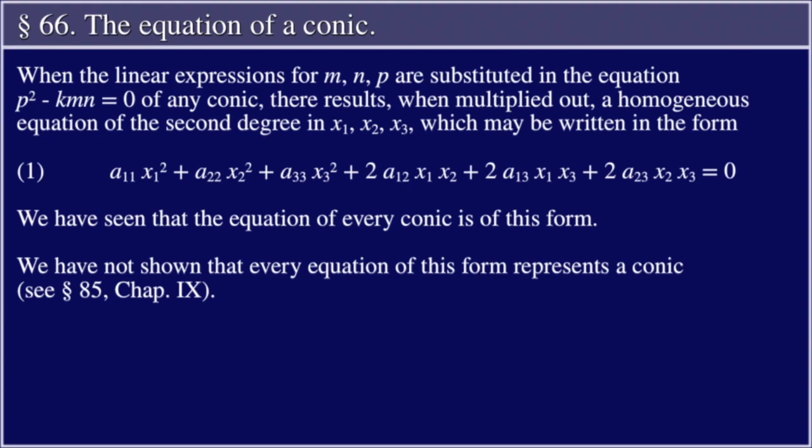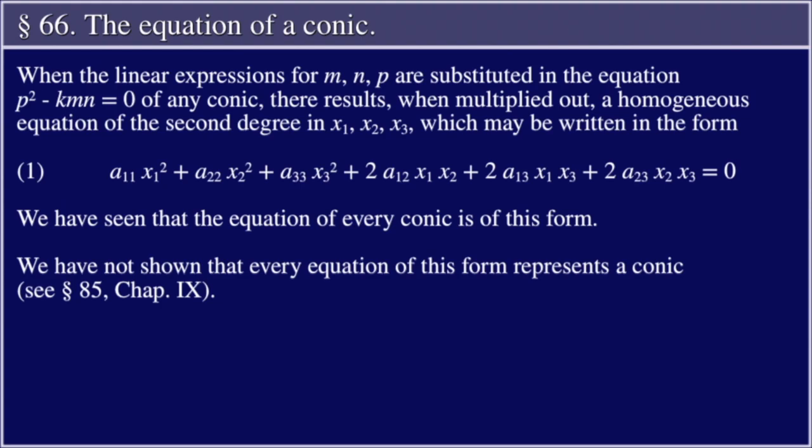When the linear expressions for m and p are substituted in the equation p² − kmn = 0 of any conic, there results, when multiplied out, a homogeneous equation of the second degree in x1, x2, x3, which may be written in the form, equation 1, a11x1² + a22x2² + a33x3² + 2a12x1x2 + 2a13x1x3 + 2a23x2x3 = 0.